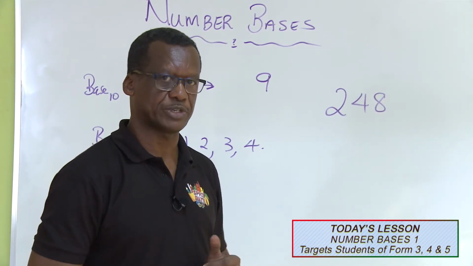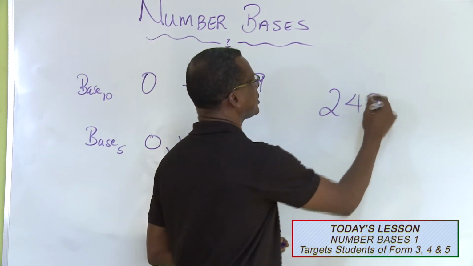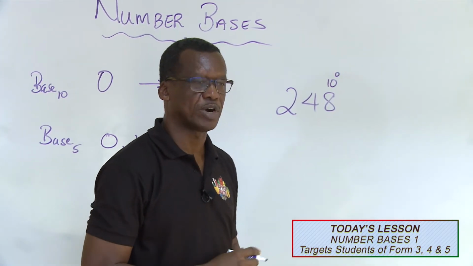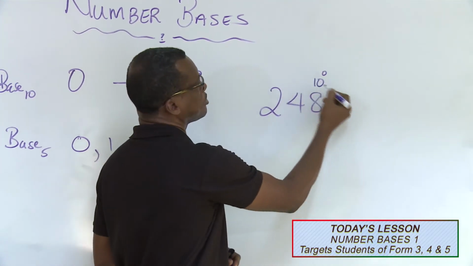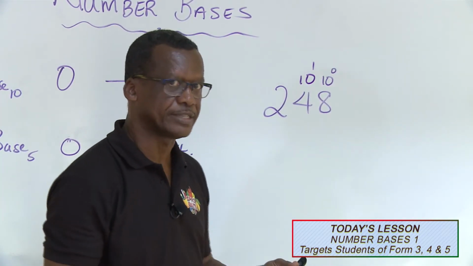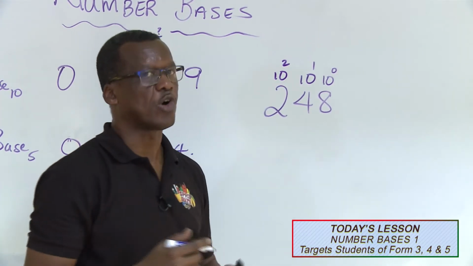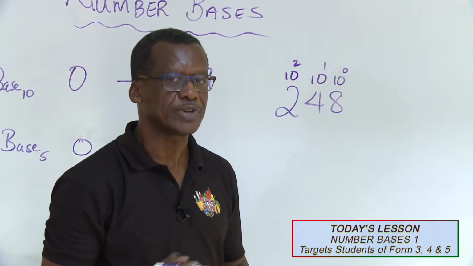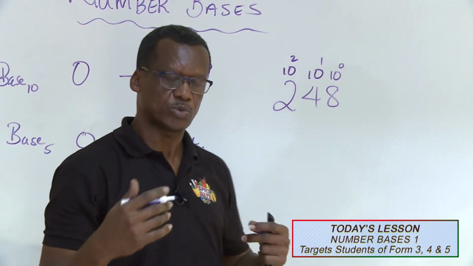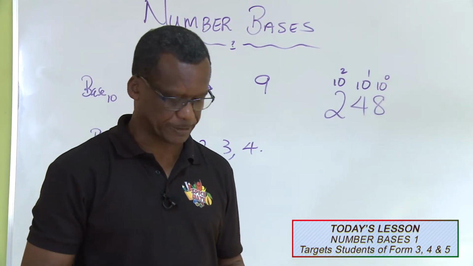We have already listed and explained that. The first position would be 10 to the power of 0, otherwise known as units or ones. The second position, counting from the right, would be 10 to the power of 1, otherwise known as tens. The third position would be 10 to the power of 2, or hundreds. What you had to do was expand the powers of the base, and you will be able to get an exact value for the number that you were speaking about.